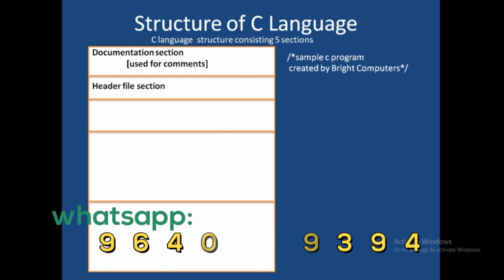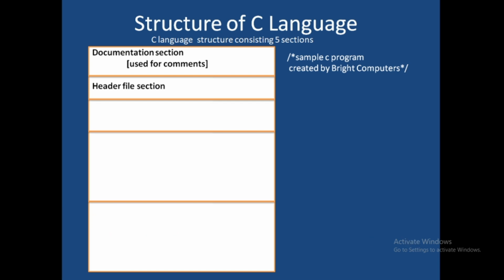Next is the header file section, also known as the link section. Why do we need the header file section? We already know C has many library functions.